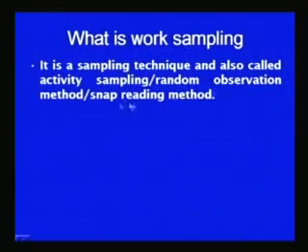If we have to define it, we have to see that it is a sampling technique, which is also called activity sampling or random observation method or snap reading method.